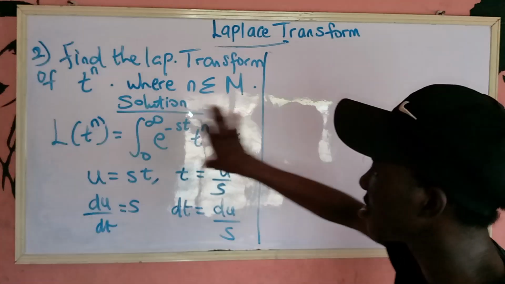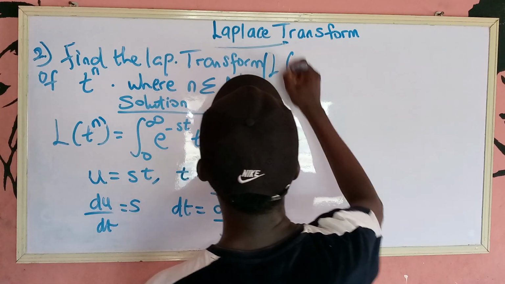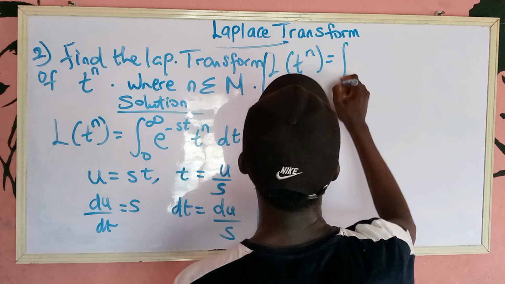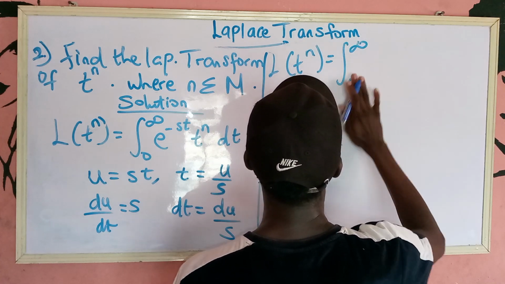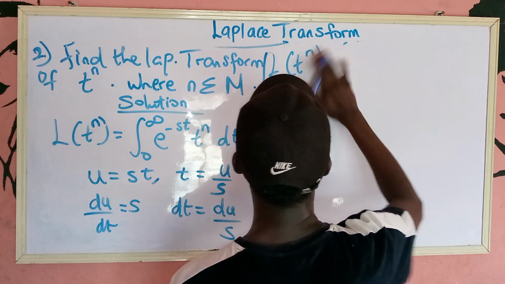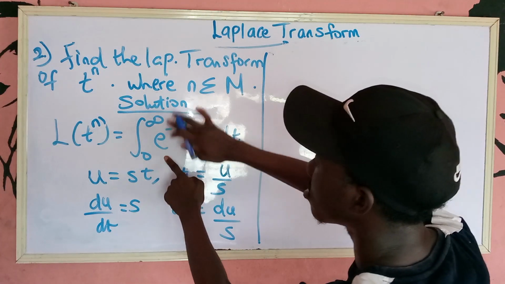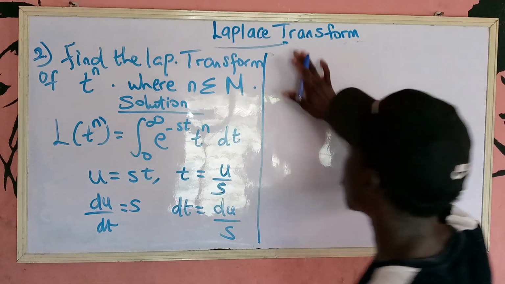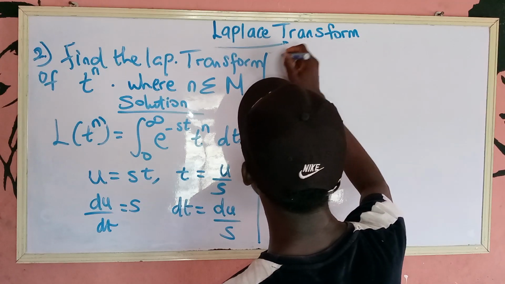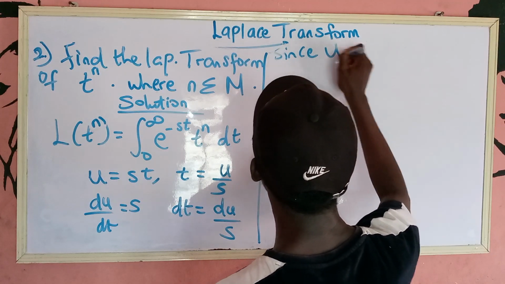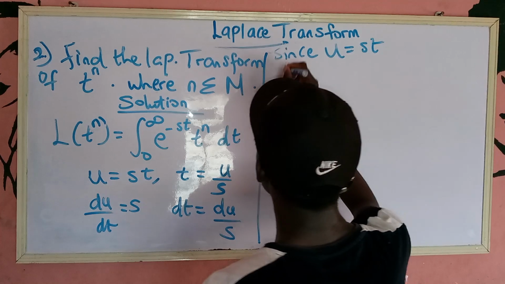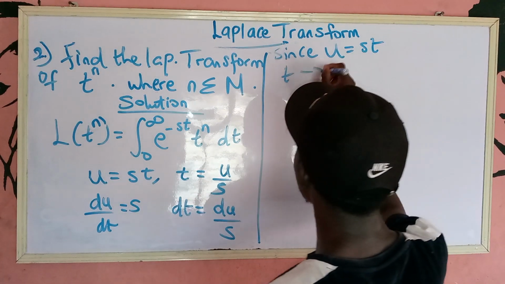So I can change everything in this integral. Before I do that, I have to take out the boundary of both. Since u is equal to st, let's check as t approaches 0.